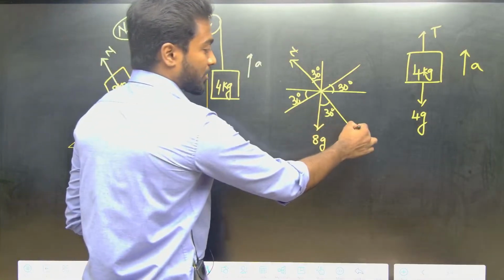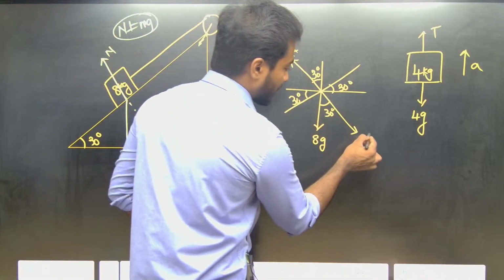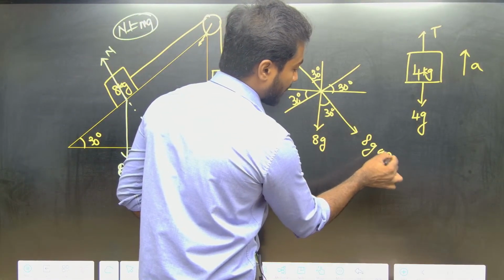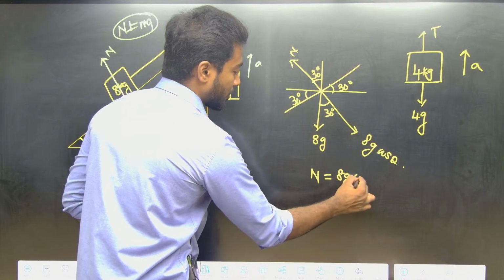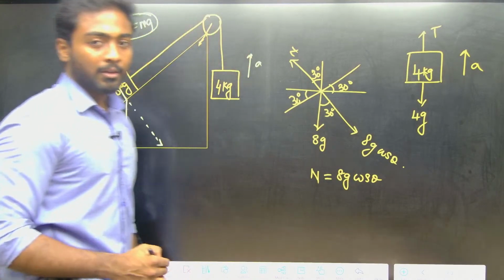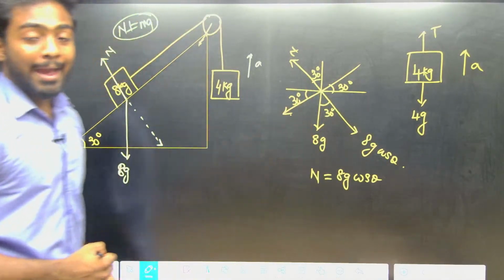The angle which is closer to the axis, that is cos theta, so that is 8g cos theta. Now I can say that N will be equal to 8g cos theta. If this is 8g cos theta, obviously this one will be 8g sin theta.